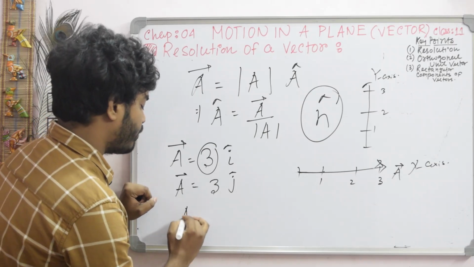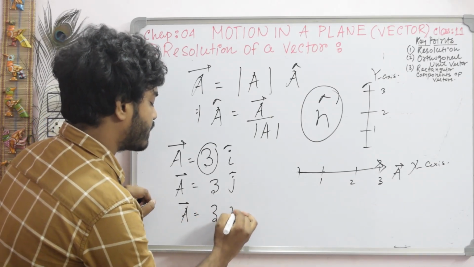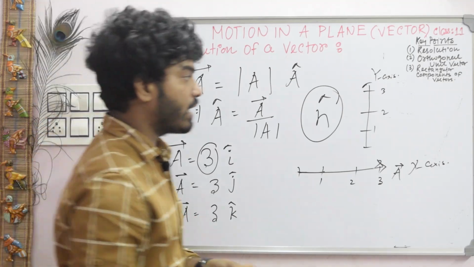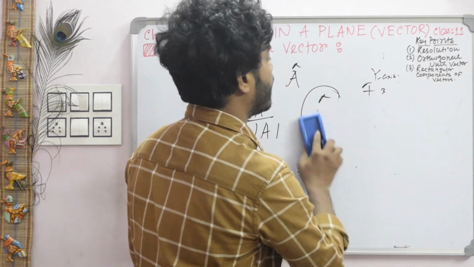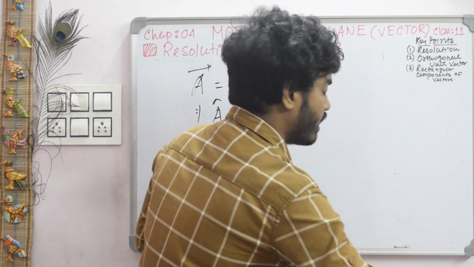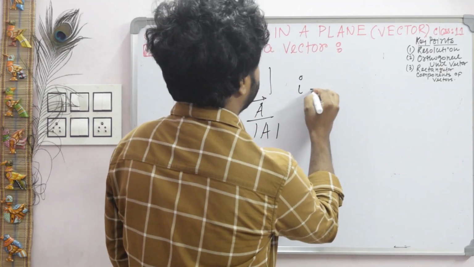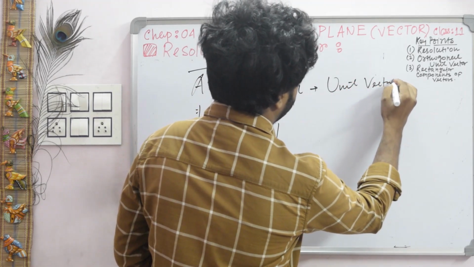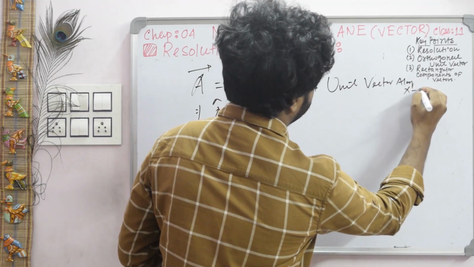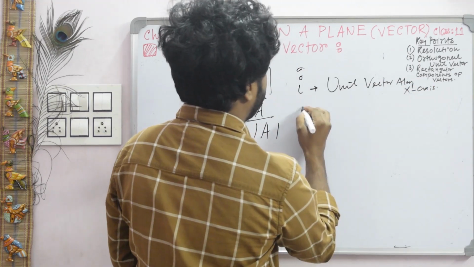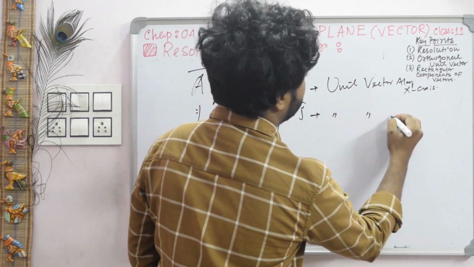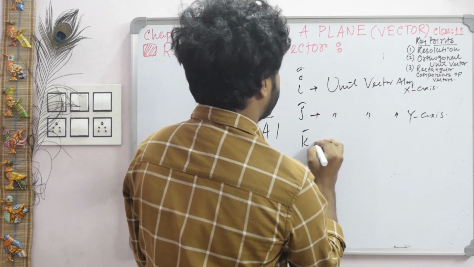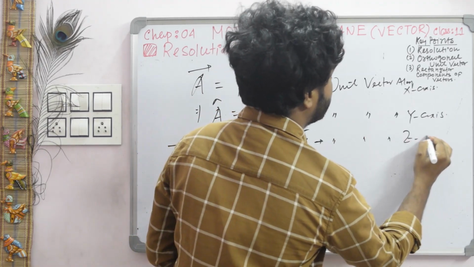In the same way, if a vector is directed along the z axis, it is represented by the unit vector named k cap. So here i cap is the unit vector along the x axis, j cap is the unit vector along the y axis, and k cap is the unit vector along the z axis.